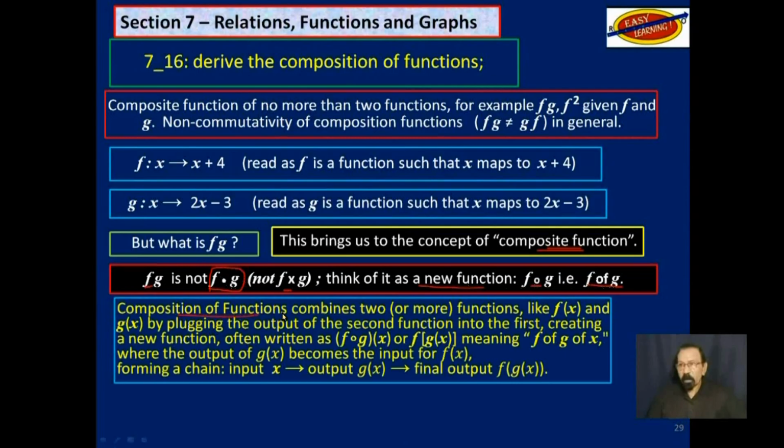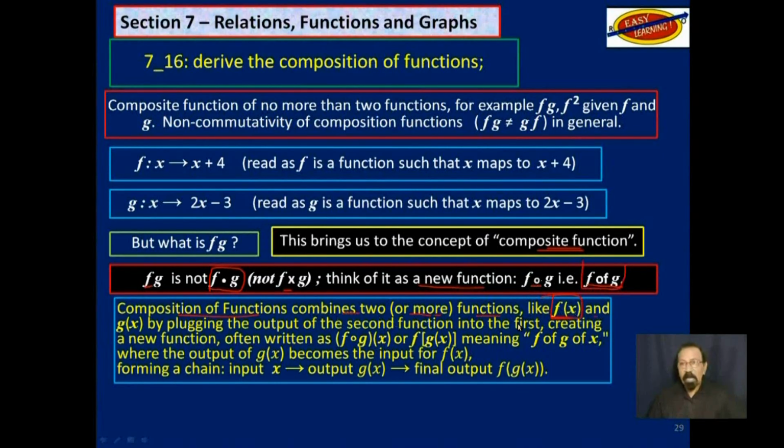Composition of functions combines two or more. In this case, we are not doing more than two functions, like f of x, right? Do not confuse this f of x with that f of g. They are two completely different things.